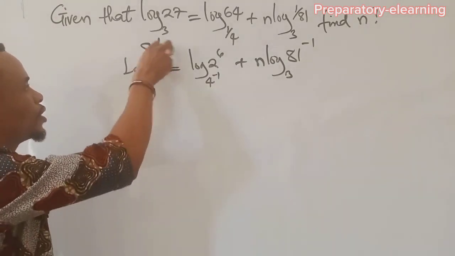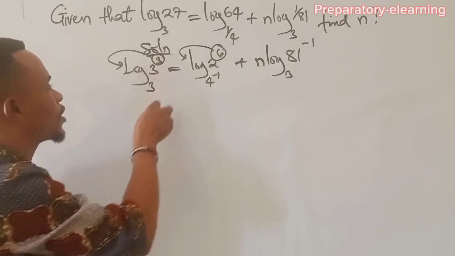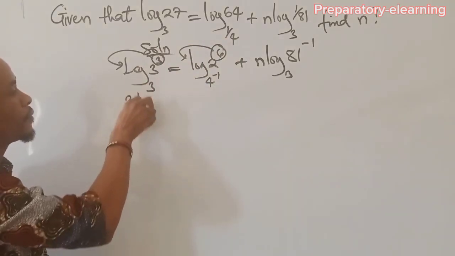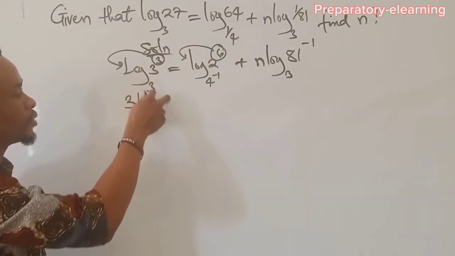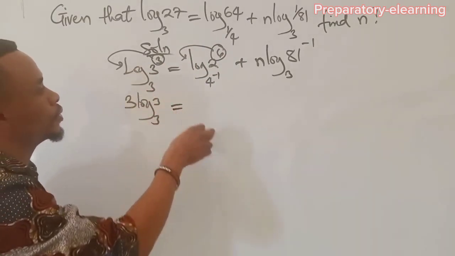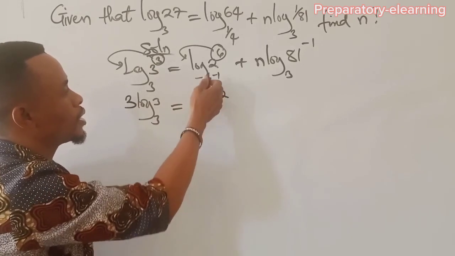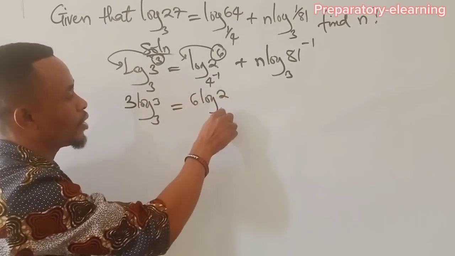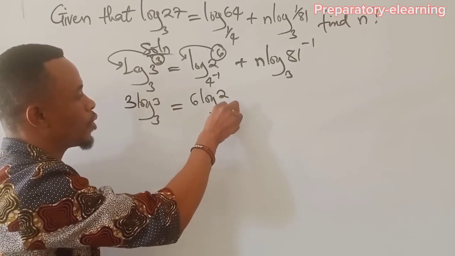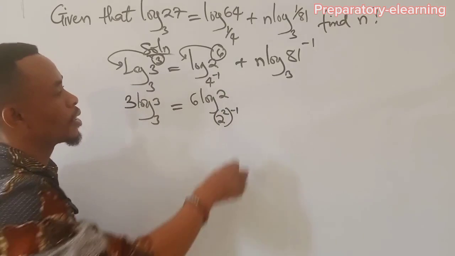You move this 3 behind the log, move this 6 behind the log. Here you have 3 log 3 base 3 equals to 6 log 2. Here we have this 4. Break it down. You have 4 is 2 power 2 into our minus 1 there.